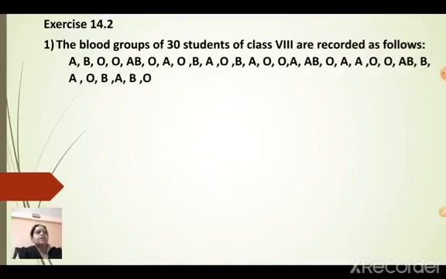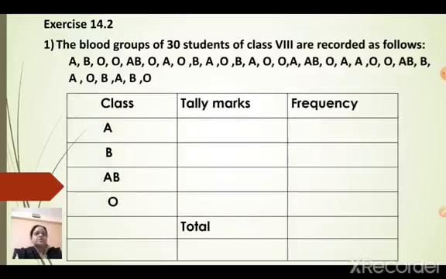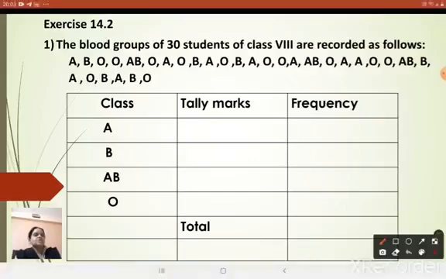So we have to make the frequency table over here. What will the table represent? You have to make 3 columns. Is it correct? The first column will be the class: A, B, AB and O. The second column is tally marks and the third column is frequency. Is it clear?